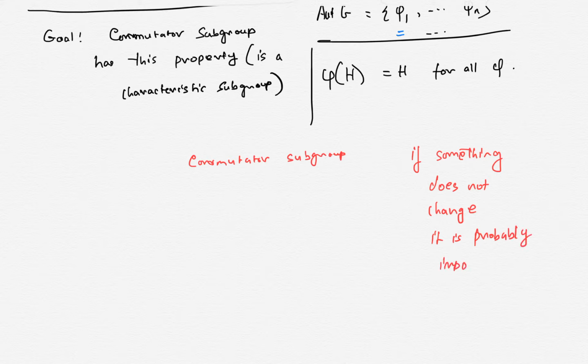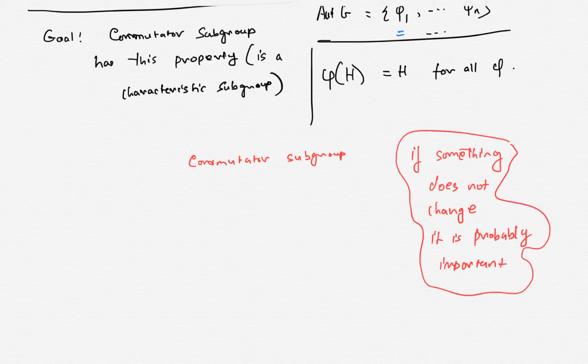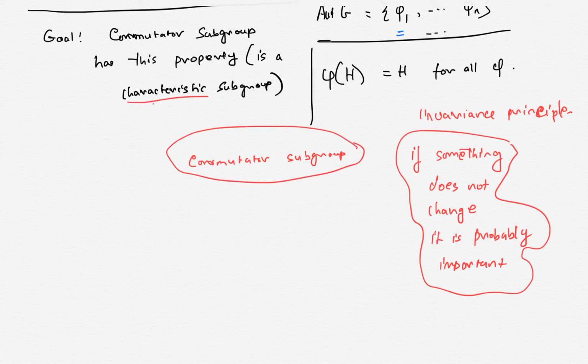So if something does not change in a system, then it's probably important to understand the system. This is used in various sections of mathematics, and this is its output in group theory. So the commutator subgroup is an example of the characteristic subgroups that we are talking about.